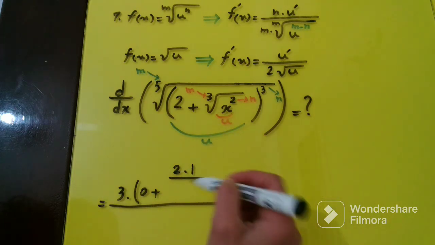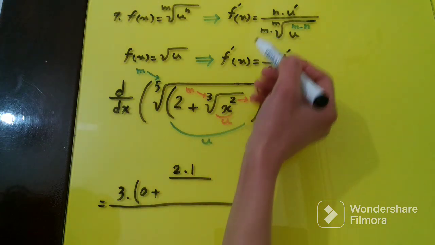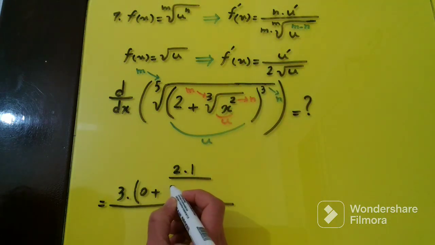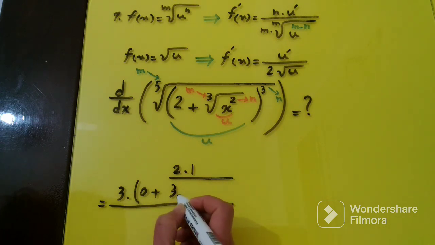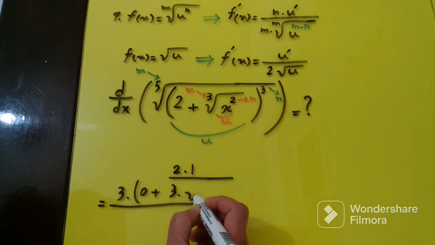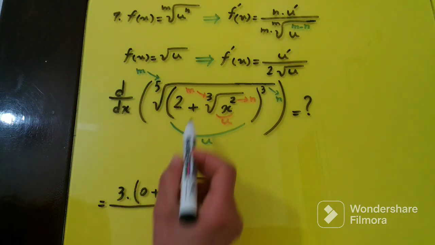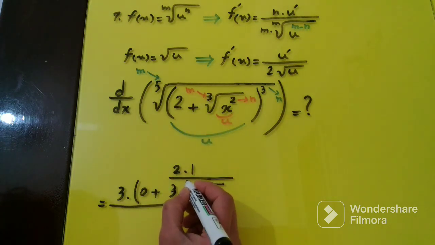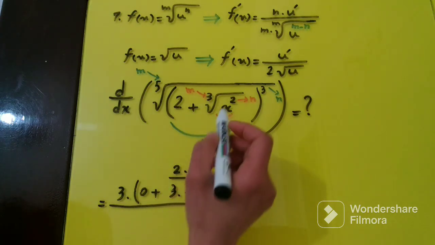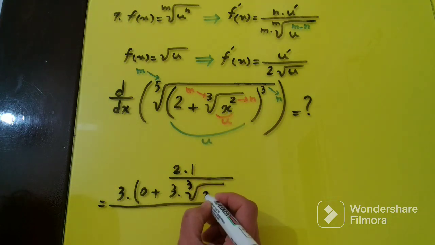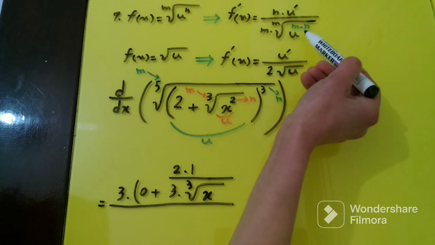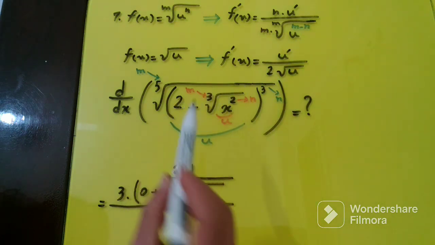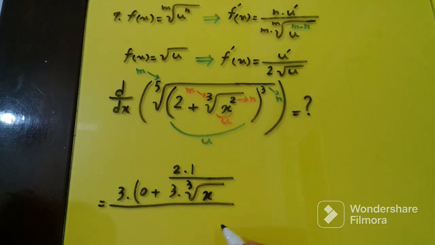And for down, you should put m, 3, times 3 again, x. For the power, you should write m minus n. 3 minus 2, it's 1.